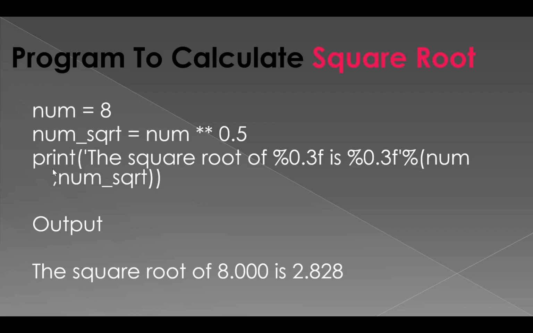Okay, and then in the print statement, I have used square root of percent 0.3f is percent 0.3f, percent num comma num underscore sqrt. So the value of num will be displayed in the first percent 0.3f and the value of num underscore sqrt is shown in the second percent 0.3f. Okay, so in this way, you can write very simple programs, basically formula based.